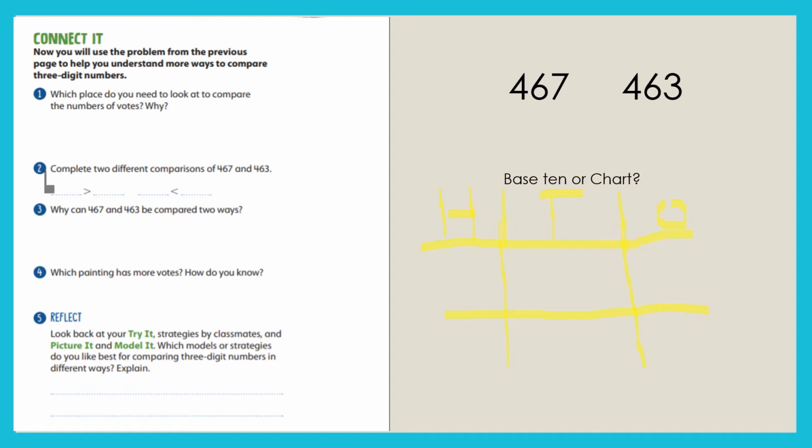467 is bigger. So I'm going to write 4, 6, and 7 here. Let me change this to that. And I'm going to write 463 here, a 4, a 6, and a 3. And here's my opening to my arrow, so I have to write 467 here because remember that alligator wants to eat that bigger number, and 463 here.